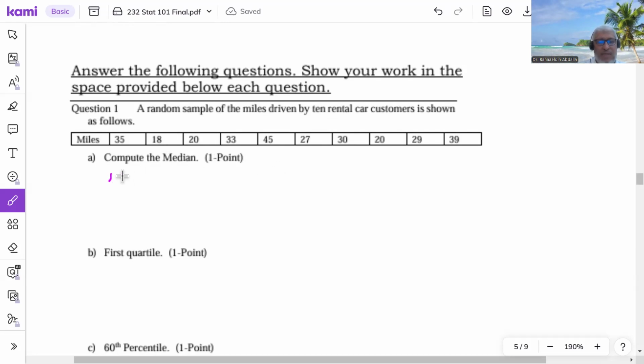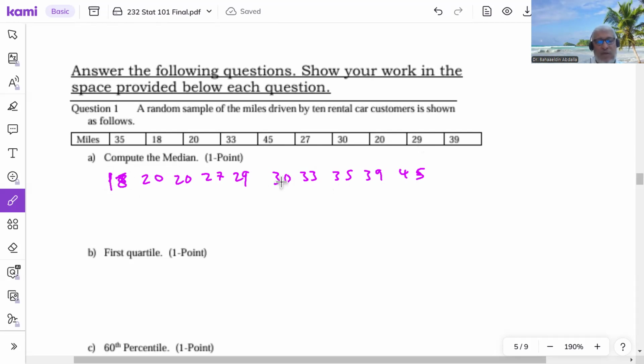So 18 is the first number, then 20 twice, then 20, 20, 27, 29, 30, 33, 35, 39, and finally 45. I have 10 numbers, so that's correct. I did not forget anything.